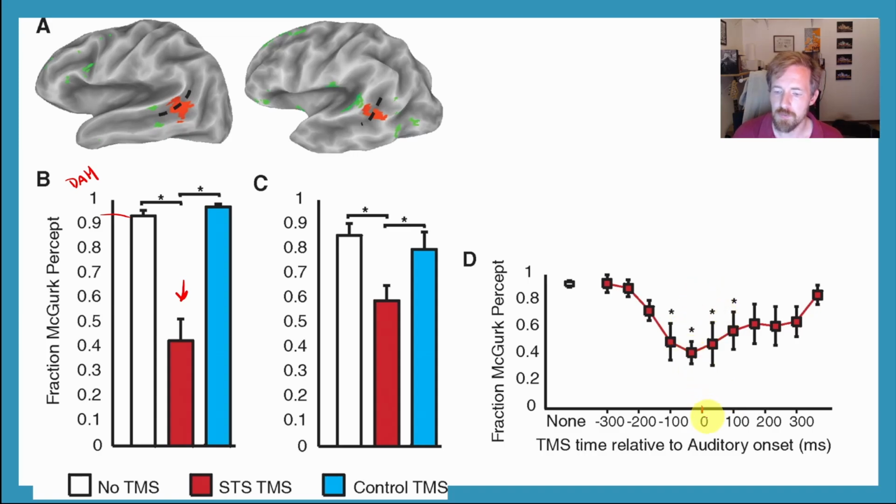And so whenever TMS is applied as the sound is beginning, that's when accuracy drops to its lowest. If you were to zap somebody 300 milliseconds before that played, it does not affect their behavior. If you do it 200 milliseconds before, it doesn't affect their behavior. If you do it 200 milliseconds afterwards, it does affect it a little bit, but after 300 milliseconds, it's back to normal. So within a fraction of a second, the effect's already gone.